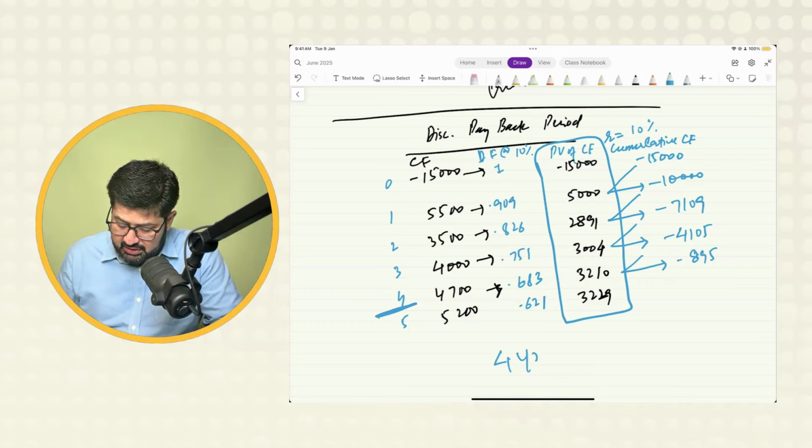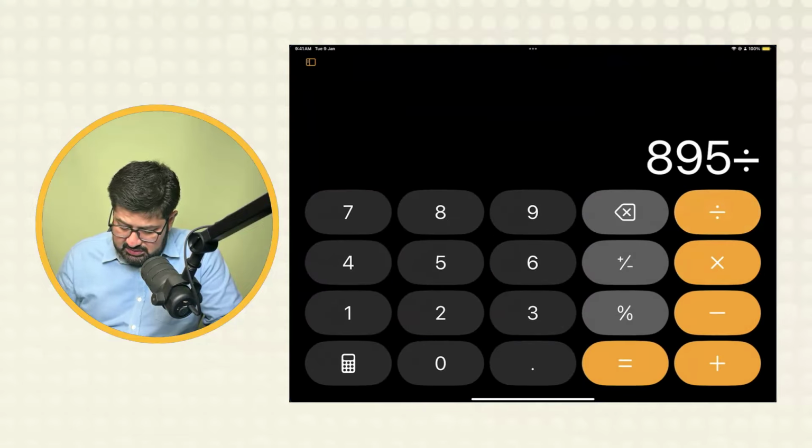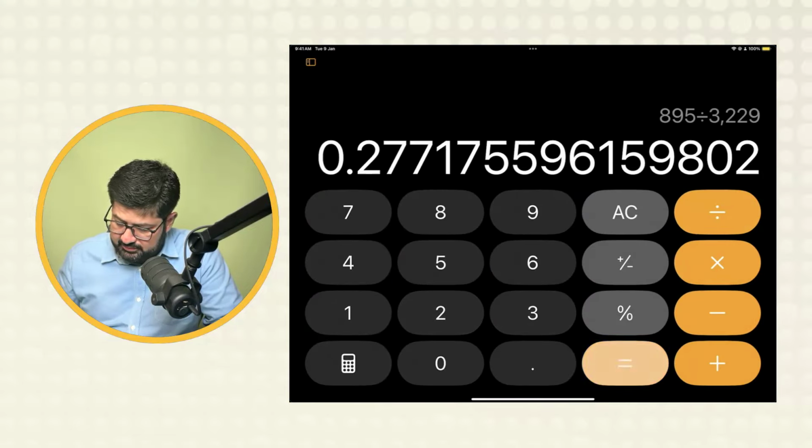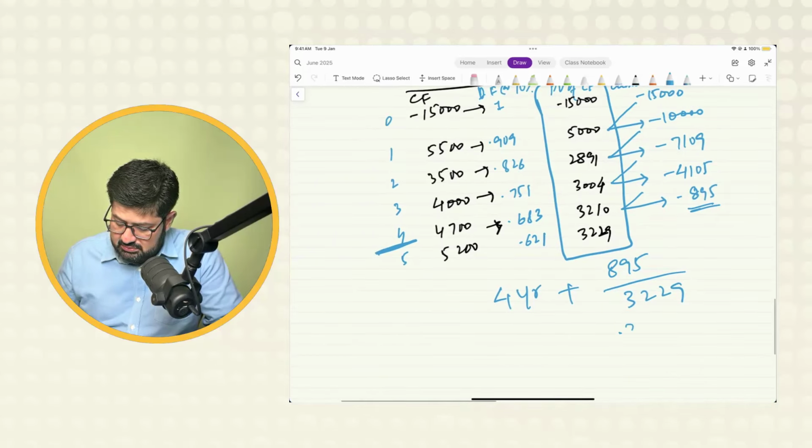So 4 years. Now part of year 5 will be utilized. So plus, this is what we need, divided by 3,229. 0.28.